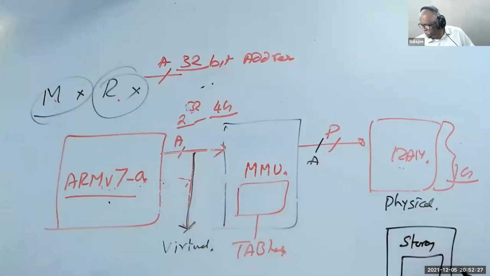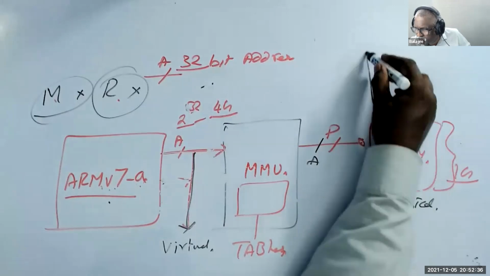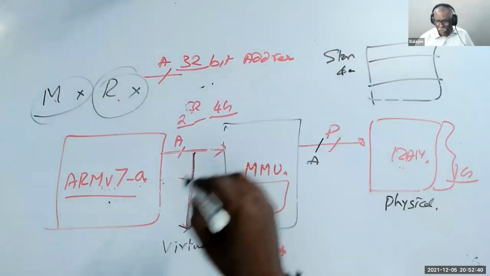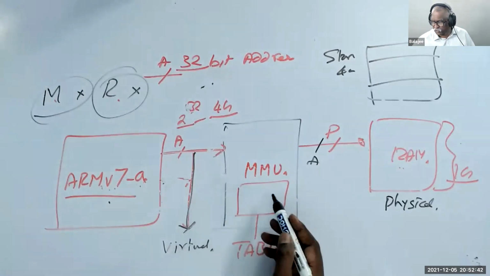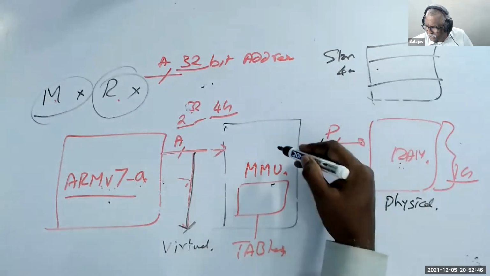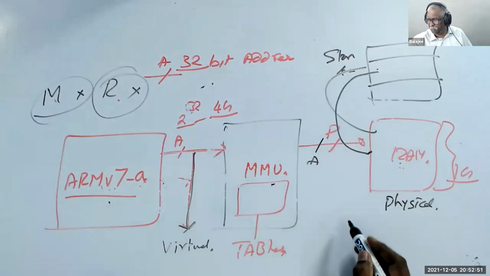The remaining 3G, let's say, I'll have in storage. I have a 4G storage. When you access memory, if it's not available here, then I will swap from here to here and here to here. This is called swapping.